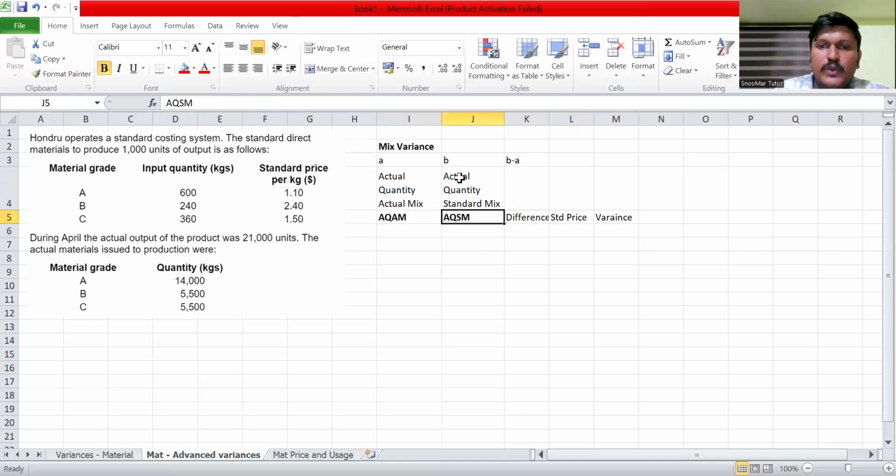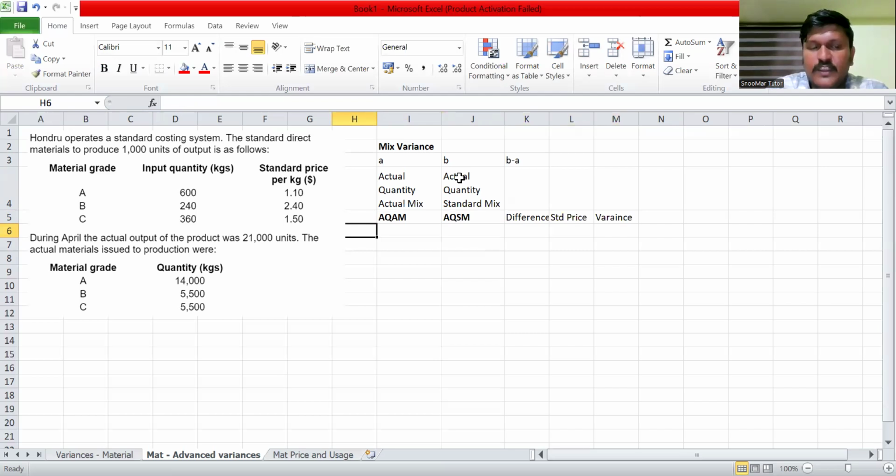Now, what does AQM and AQSM mean? For this one, you have to see how many materials you will be having. So in the question, let's see the question and fill it in over here. Hondru operates a standard costing system. The standard direct materials to produce 1,000 units of the output is as follows.